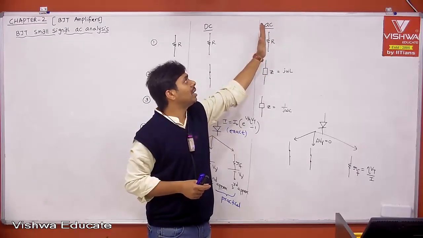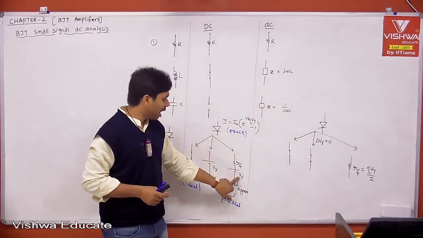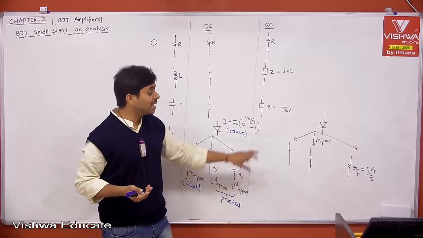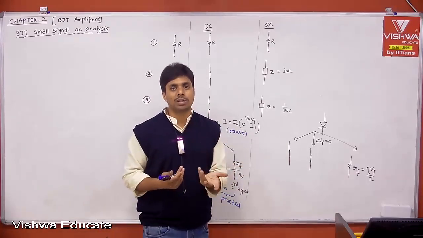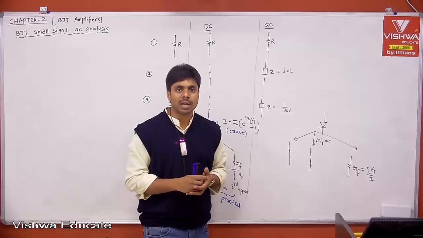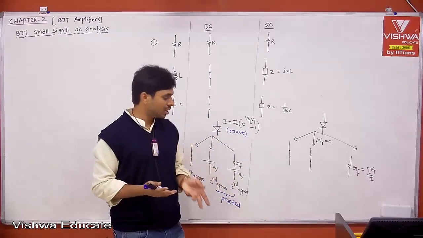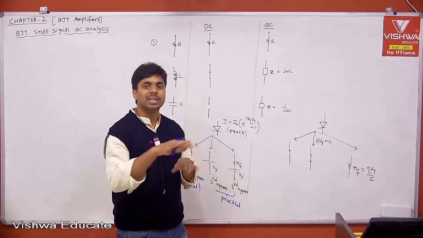We don't need to bother about V gamma because that is not going to change or disturb our AC functionality. We are trying to observe the change in voltage and the change in current with respect to time. That V gamma will not impact those things. Reason: V gamma is not changing with respect to time. Therefore, the DC quantities will be cancelled.